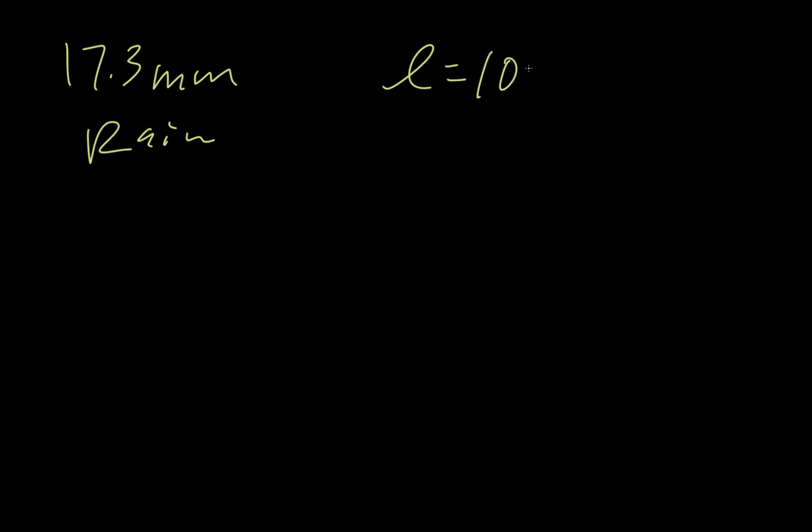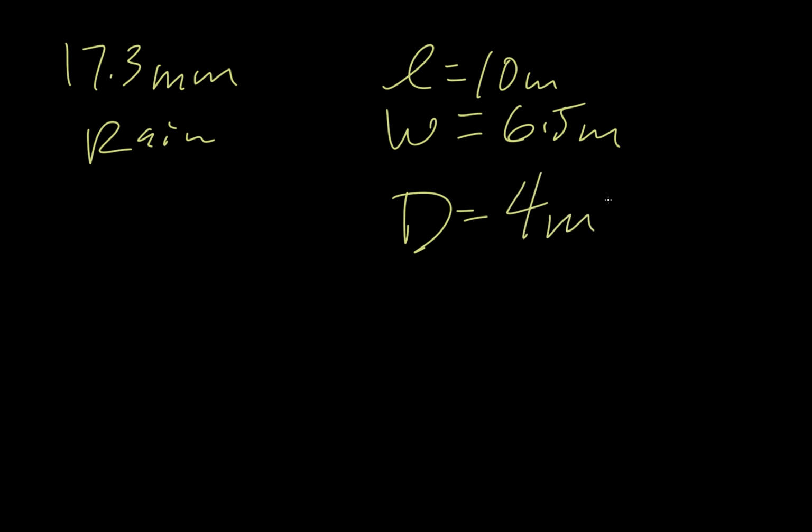Length is 10 meters, width is 6.5 meters. All of the water goes into a cylindrical tank with base diameter. So diameter of the tank is 4 meters. By how many millimeters does the water level in the tank rise?